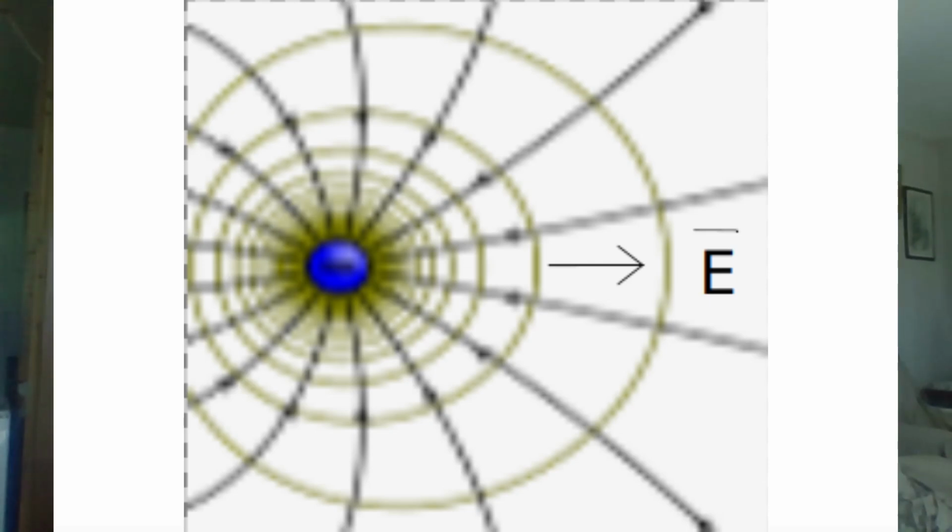This will lead to a rotation of the electron, a right-handed direction of rotation in the direction of the electric field. Okay, and this is proportional to the order which we have defined earlier.